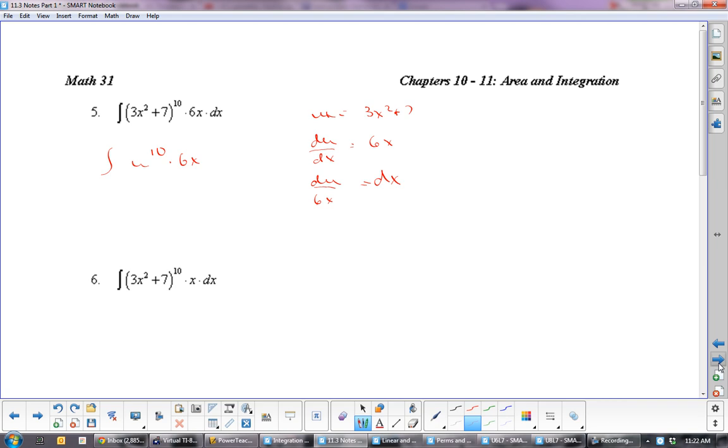Okay. Times du over 6x. Cancel, cancel. Now we'll do the integral, which is 1/11 u to the 11 plus c. And then I'll put in u, 1 over 11 (3x squared plus 7) to the 11 plus c.